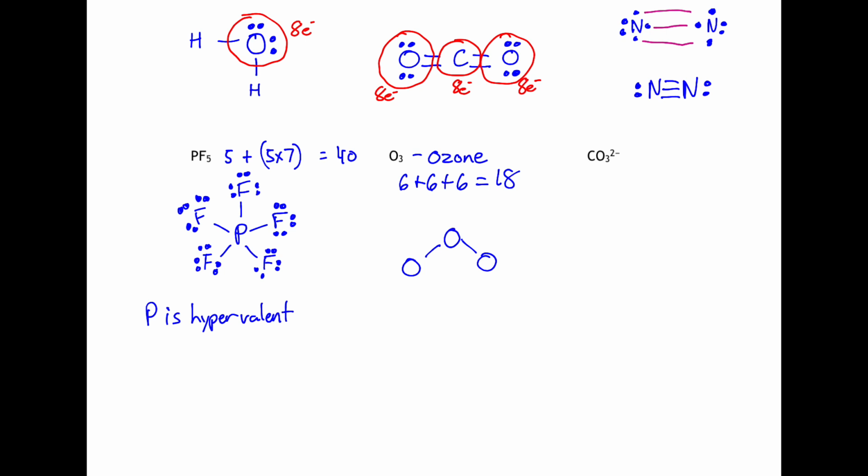This is going to get a little silly. I'm going to need a bond here. And where can I put the extra electrons? I got to put 2 here, 2 here, or 4 here, and then all 6 here. So this is a way for it to get all of my electrons laid out.